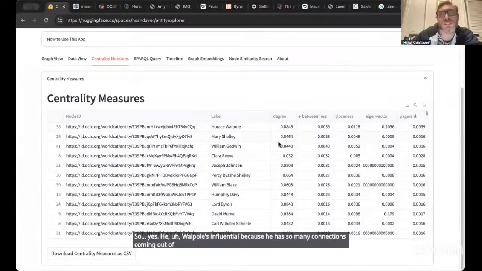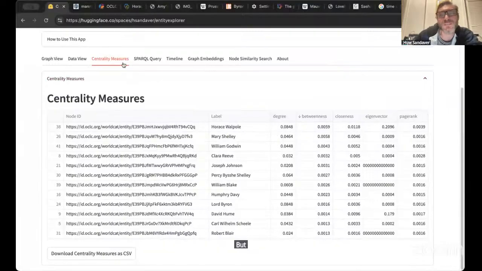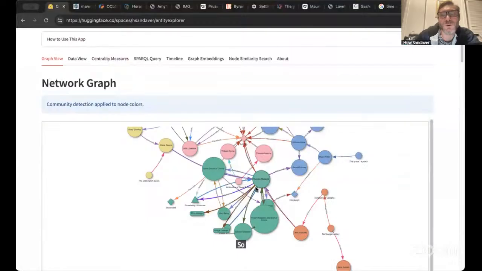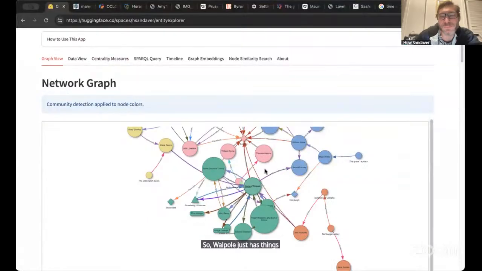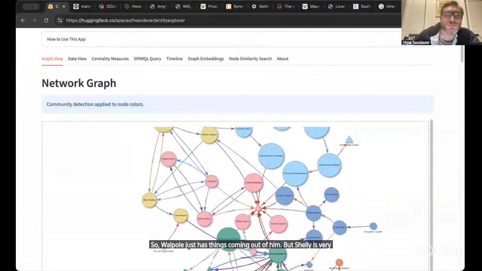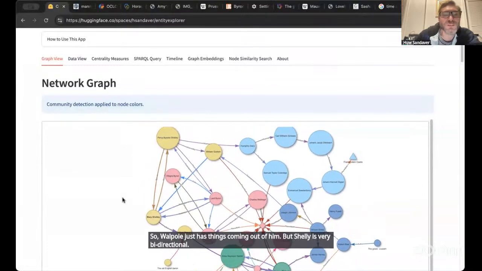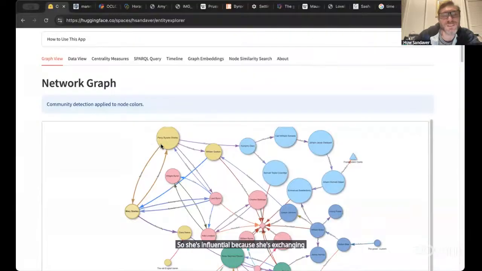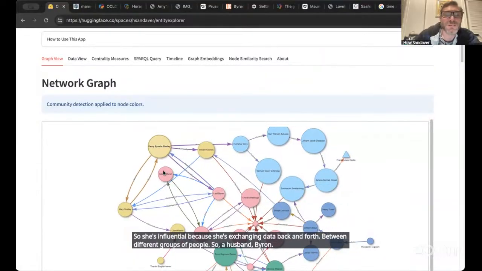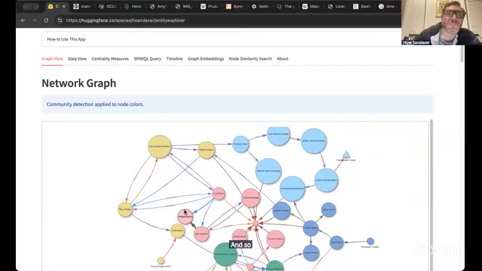Same with Shelley. But Shelley has quite a different type of betweenness if we look at the graph. Walpole just has things coming out of him, but Shelley is very bidirectional. So she's influential because she's exchanging data back and forth between different groups of people. So her husband, Byron, and so on, and her own family.